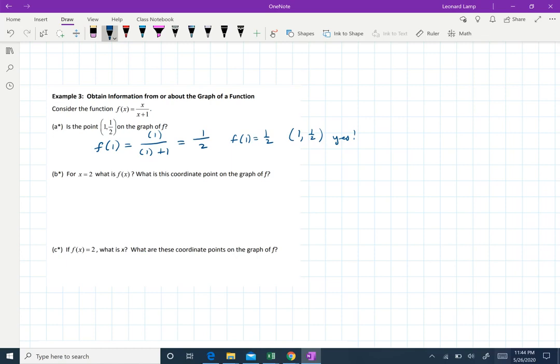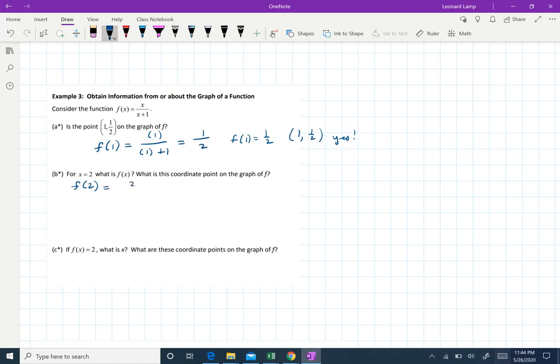Now part B, for x equaling 2, what is f of x? What is the coordinate point on the graph of f of x? So all they want you to do, it sounds funny the way they're wording it, but they're just asking you to plug in 2 for the f function. They should have said find f of 2. That's what they want.